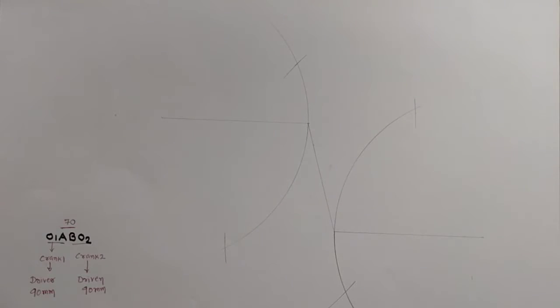So in this 4 bar chain mechanism, both driver and driven crank dimensions are same, 90 mm, and the length of connecting link is less than your crank radius.